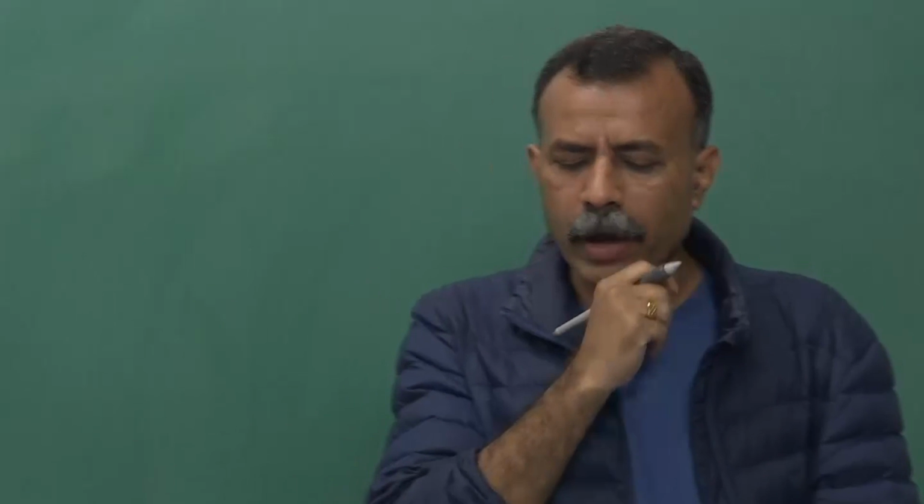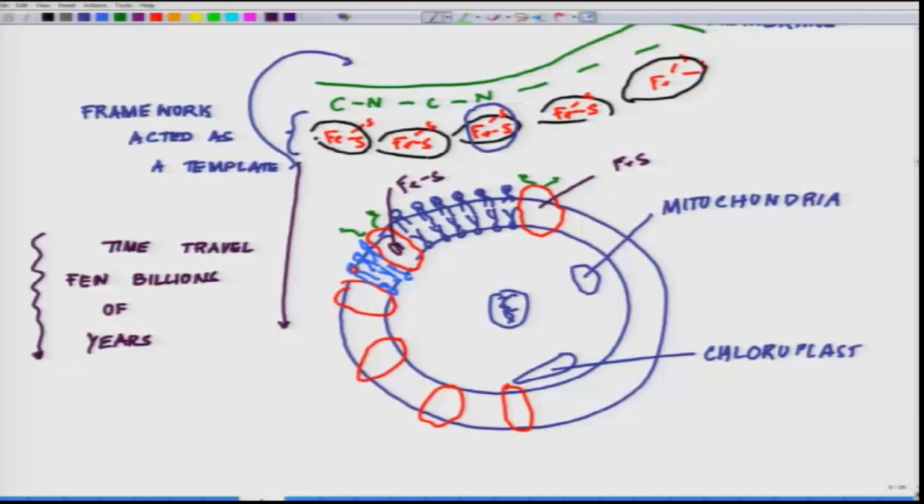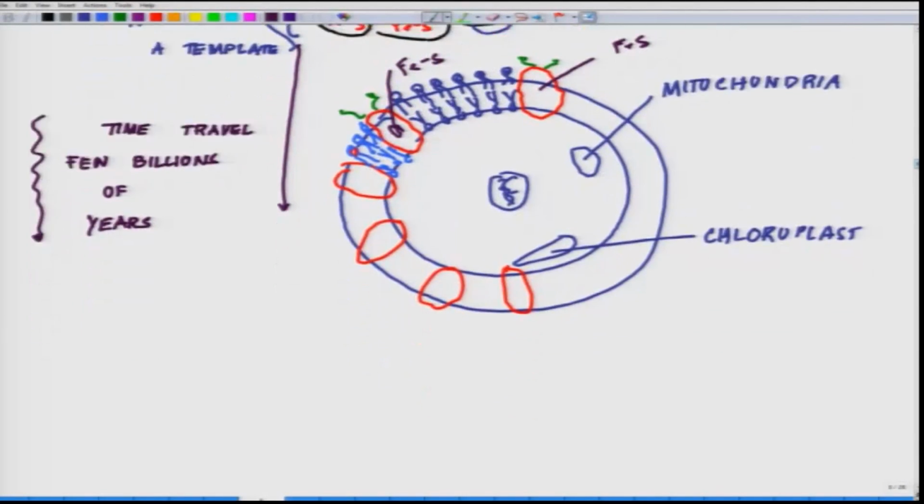Now, coming back, the modern day cell could be classified into two types.